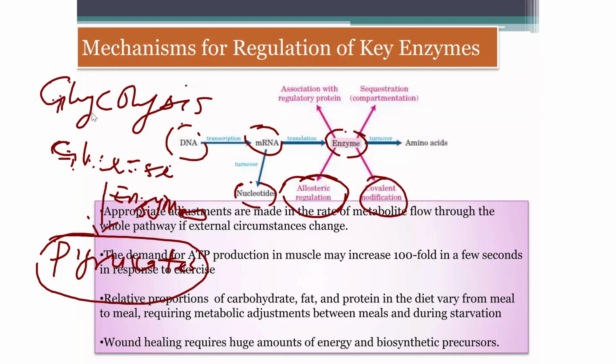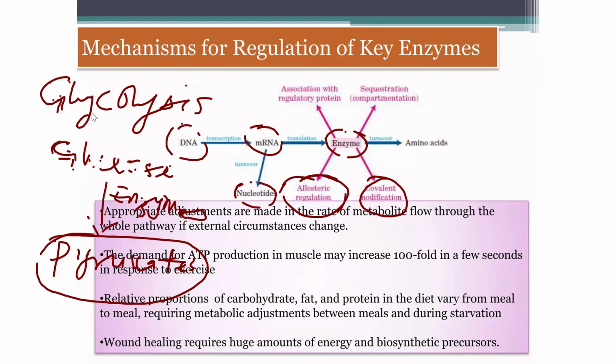The molecules can be phosphates, or any other group, like methyl or phosphate. It can be added to a particular enzyme to either increase, decrease, activate, or deactivate it.